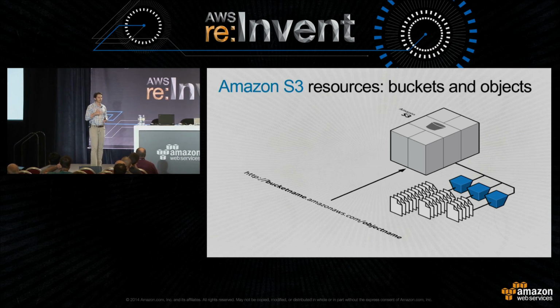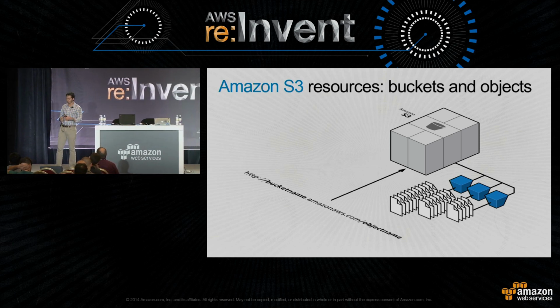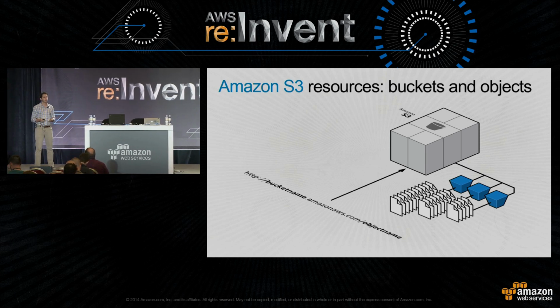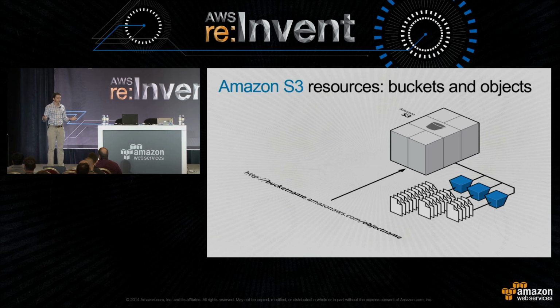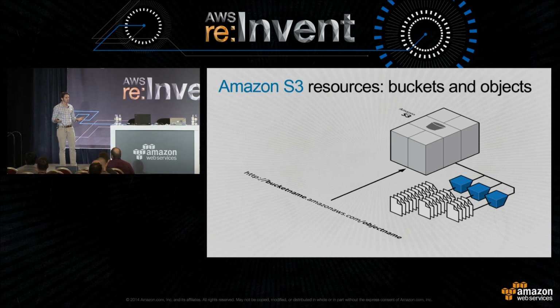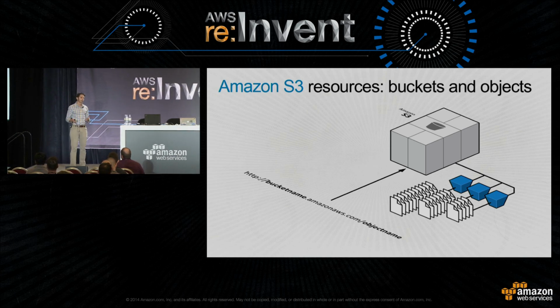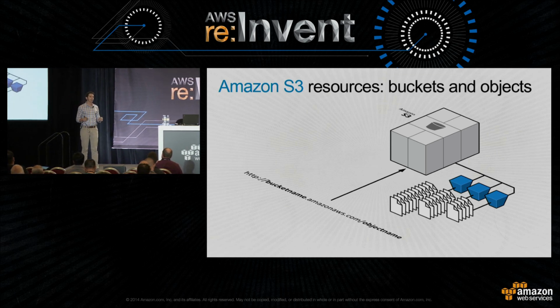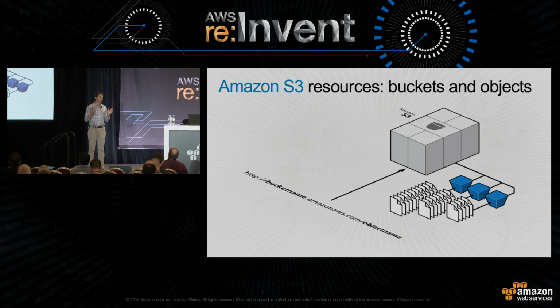Going back to the simplicity of the model, how it actually all looks. The first thing you need to do when you want to provision petabytes of storage within minutes is choose a region. Where is the data going to be located? The service is available through 11 regions after we introduced Frankfurt, Germany last month. Once you choose a region, you create a virtual container called a bucket.